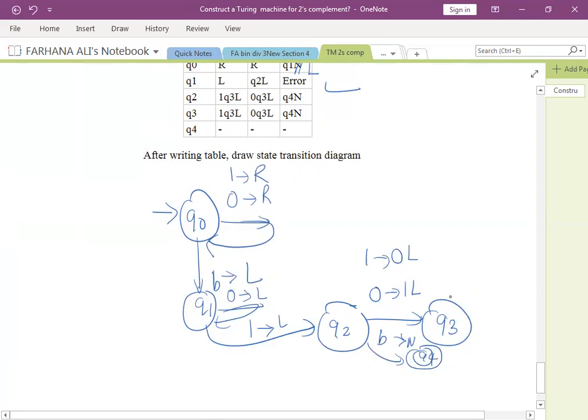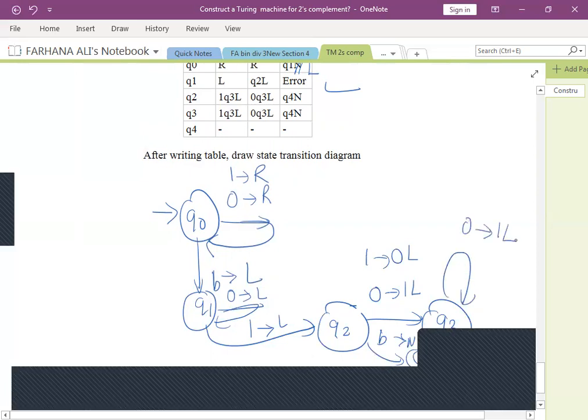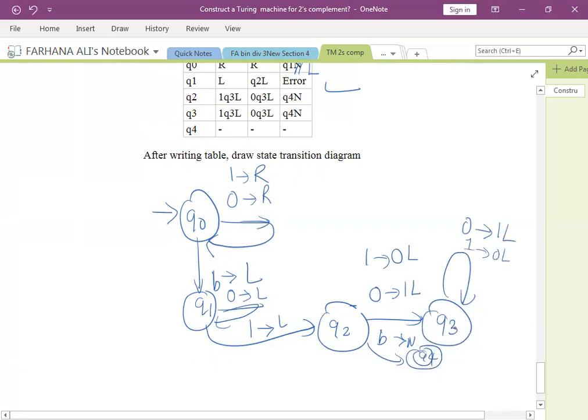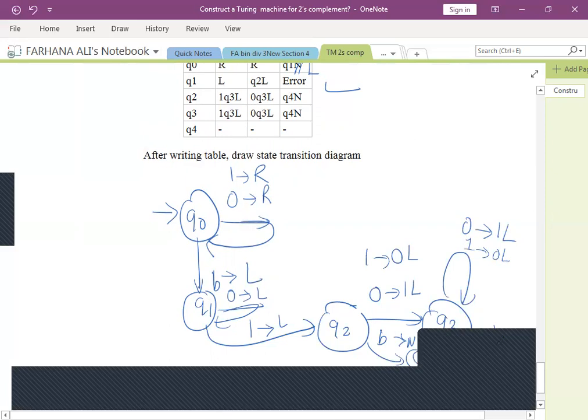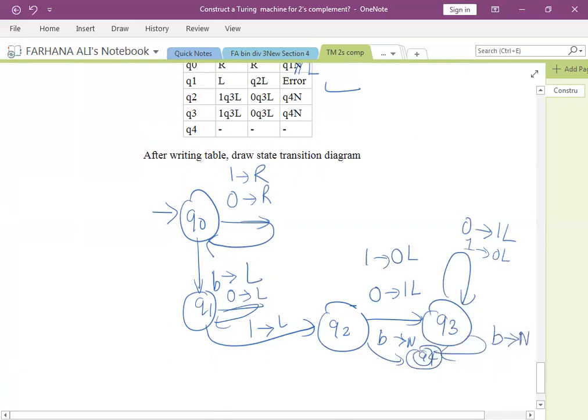Now Q3 on 0 and 1: on 0 it is producing 1 and going toward the left hand side. On 1 it is producing 0 going toward the left hand side. Q3 with blank, it is going to Q4 with no movement. So this is how we are going to generate 2's complement for the Turing machine.